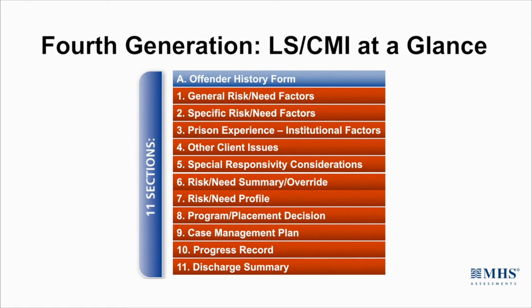So you look at the LS-CMI, yes, we added more information, but more importantly, we introduced a case management plan and a progress record within the same document, which made it more difficult for a probation and parole officer to lose sight of what was relevant with that offender.